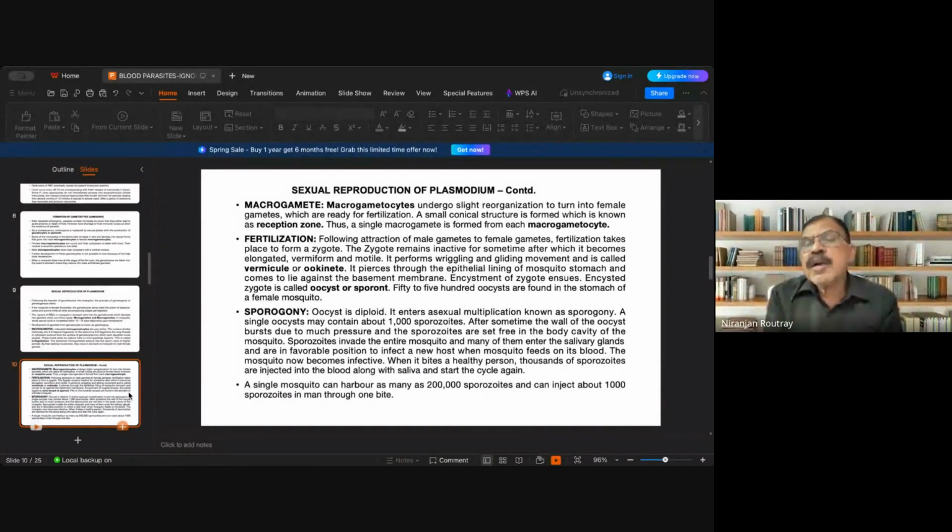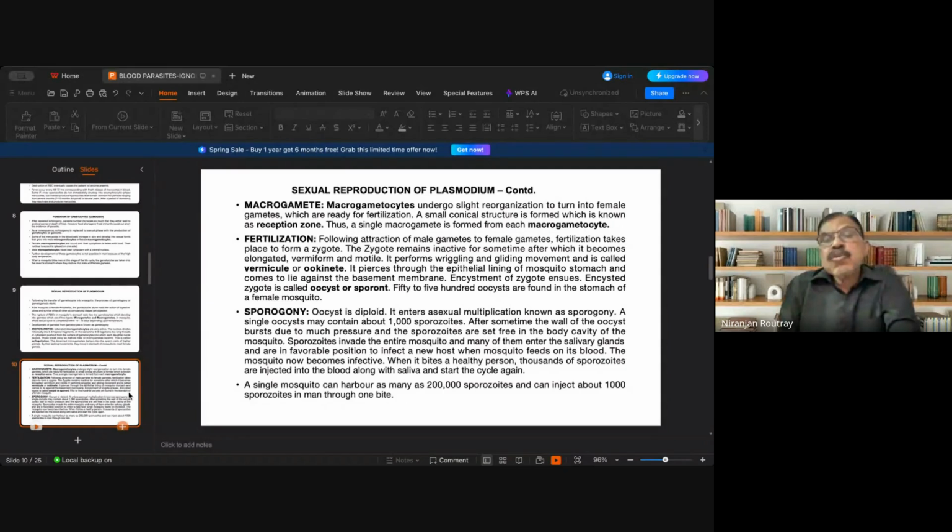A small conical structure is formed on the surface of the macrogamete, called the reception zone. That means the fusion will not happen anywhere; it will happen in a particular region known as the reception zone.